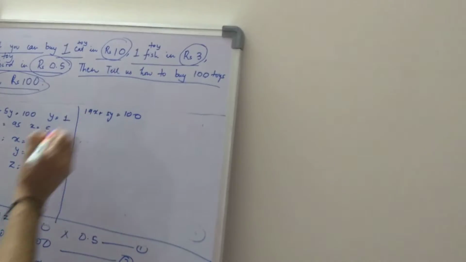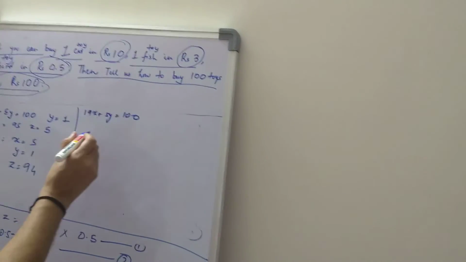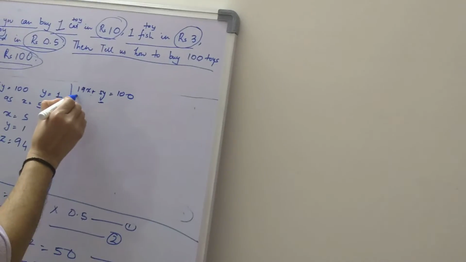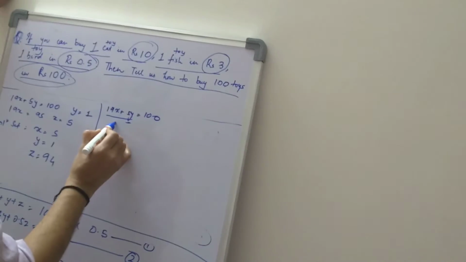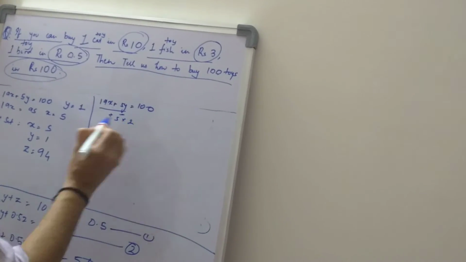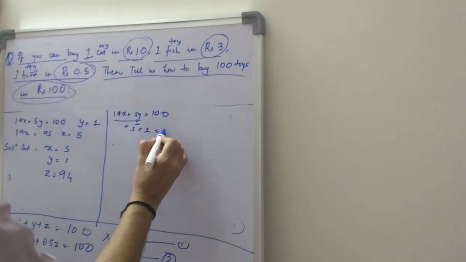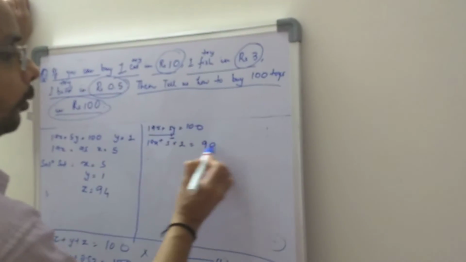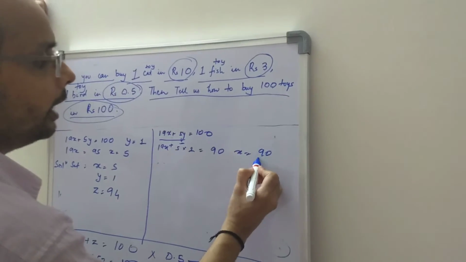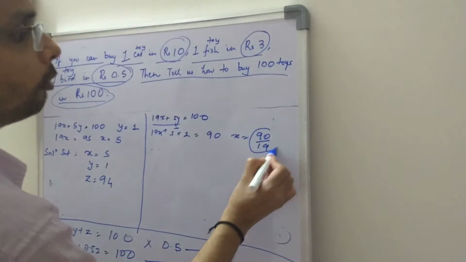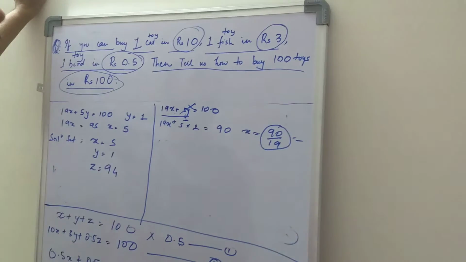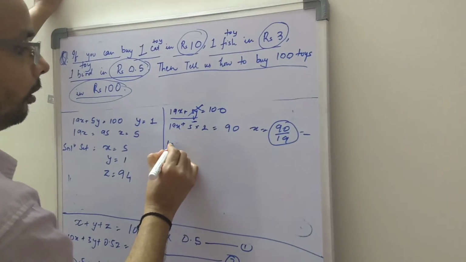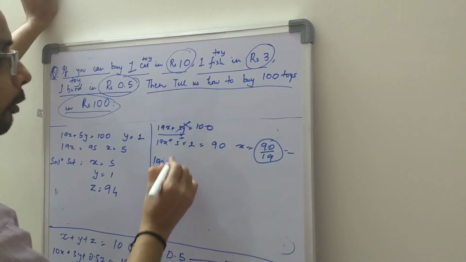Are there more whole numbers so that 19x plus 5y is equal to 100? If we substitute y by 2, this becomes 90, and 19x is equal to 90, which is not a whole number, so 2 will not be a solution for this.